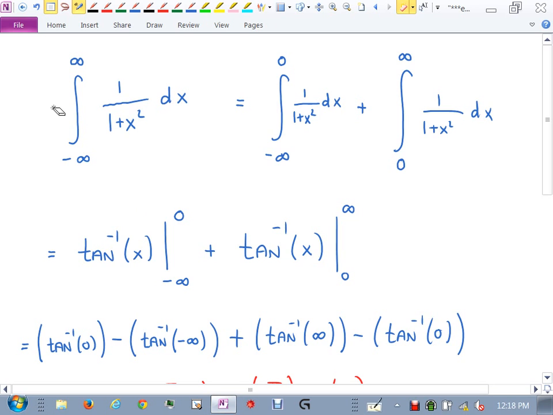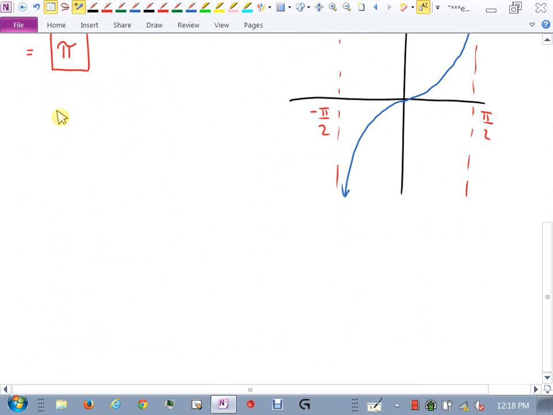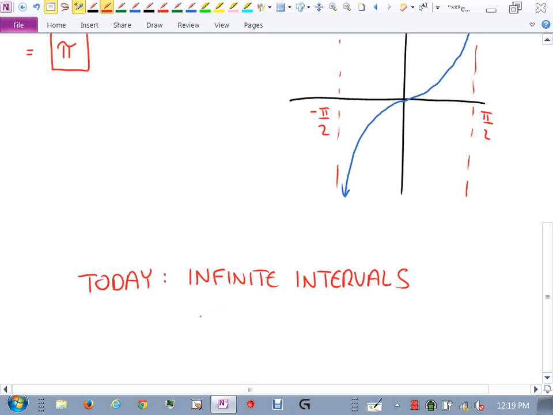Now, in the beginning of this, I said that there were improper integrals, right? Yes? Everything we've looked at today, I should have said this in the beginning, are called infinite intervals, or infinite limits.